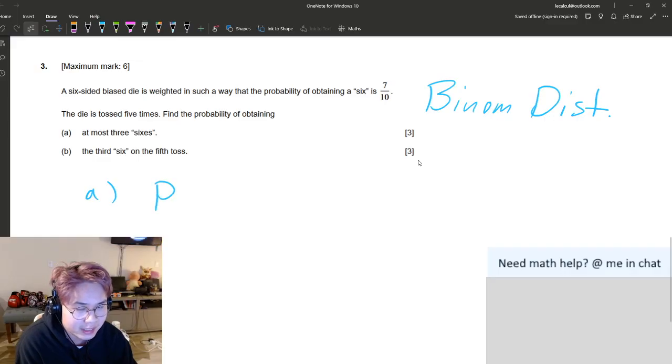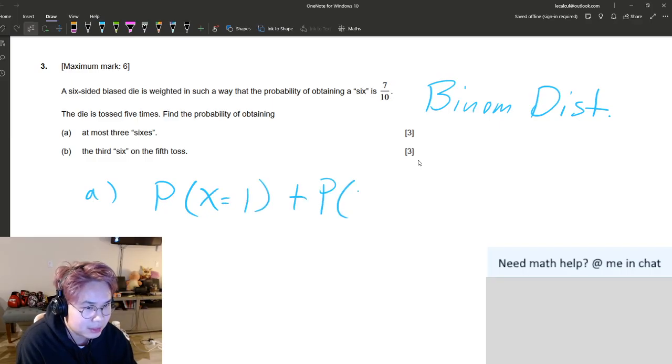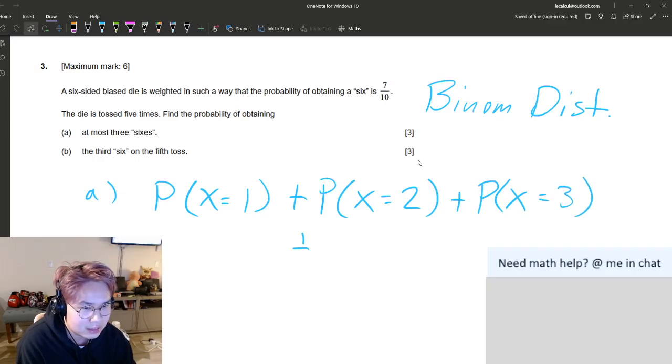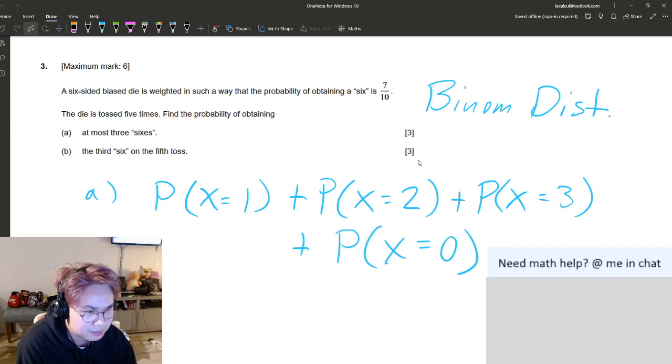So basically I need to add up these probabilities together. In 5 trials, the probability of getting 1 six, the probability of getting 2 sixes, the probability of getting 3 sixes, and then there's always the last one that people forget, the probability of getting no sixes.